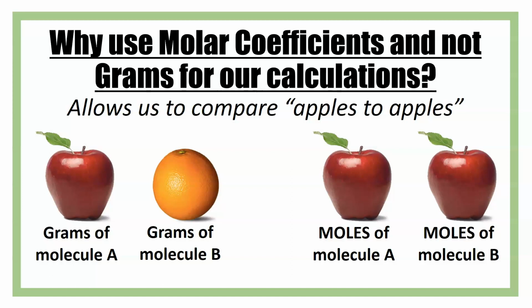Yes, they're both fruit, but they're not the same kind of fruit. If we convert everything into moles, it's like comparing apples and apples. Because not all molecules weigh the same amount, we can't use grams as a direct comparison. So we're always going to be trying to get to moles and use molar coefficients to do our problems.